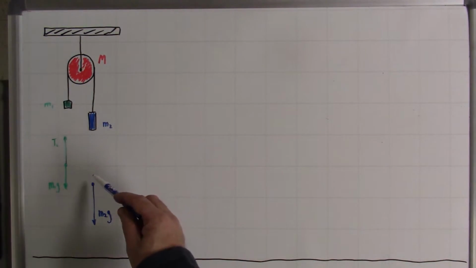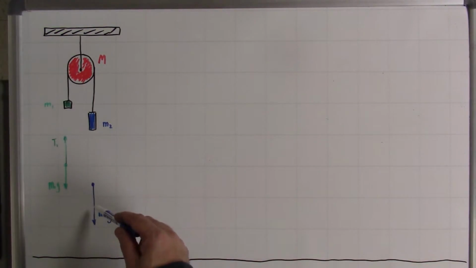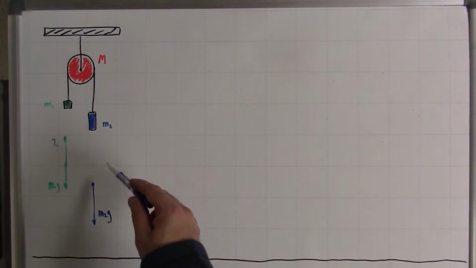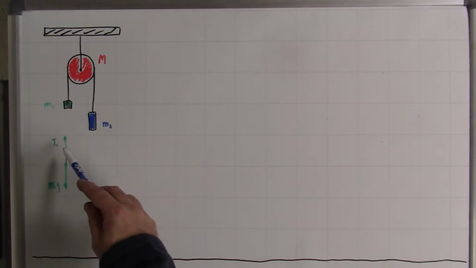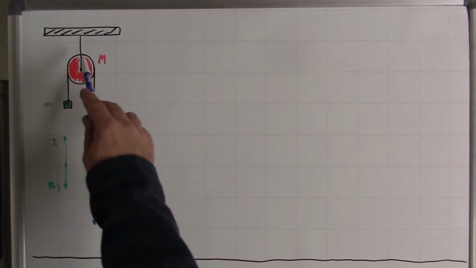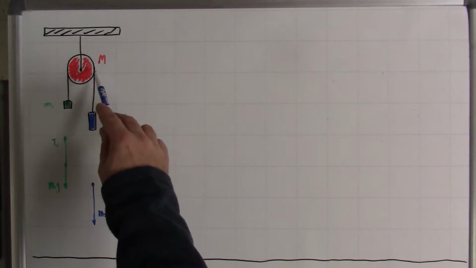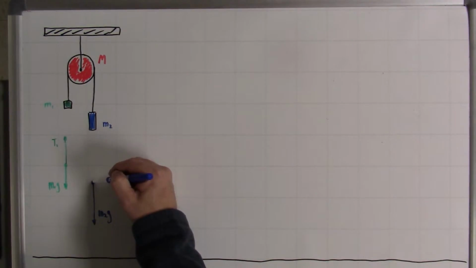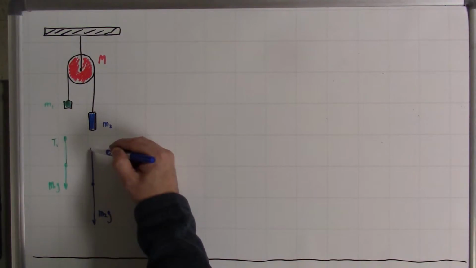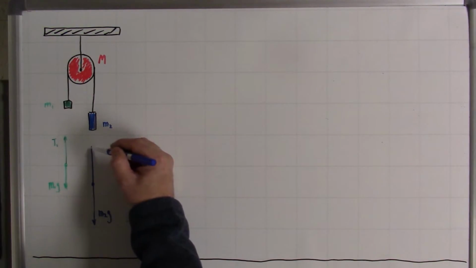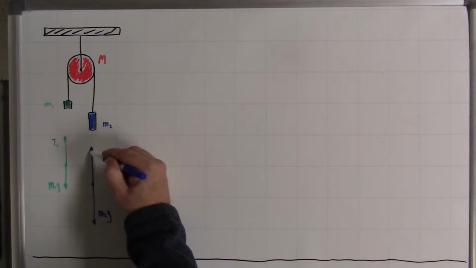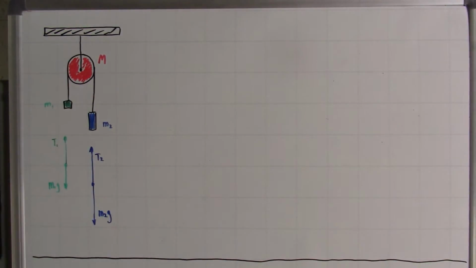Well, interestingly enough, it has to be smaller than M2G because this block is accelerating down. But at the same time, it actually has to be bigger than T1 because this whole pulley has to rotate in this clockwise direction. So when we draw this, it weirdly has to be greater than this one, but less than this one, T2.